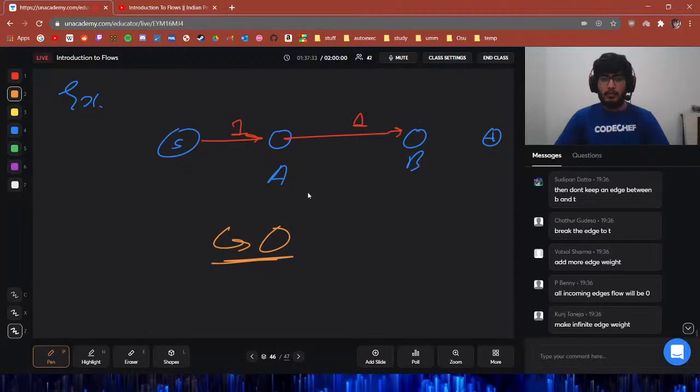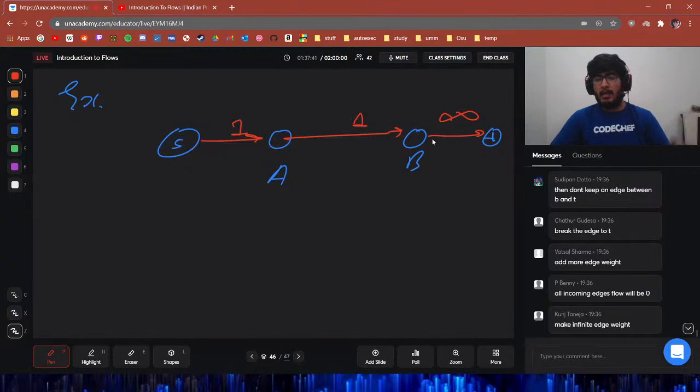So what we are instead going to do is increase this edge weight to infinity, or just a really big number, such that we cannot break this edge, or breaking this edge would make our penalty infinity and would let us know that this system is inconsistent. This system cannot happen actually.